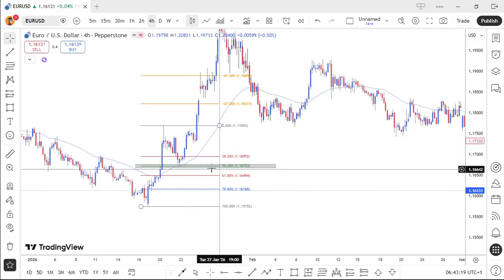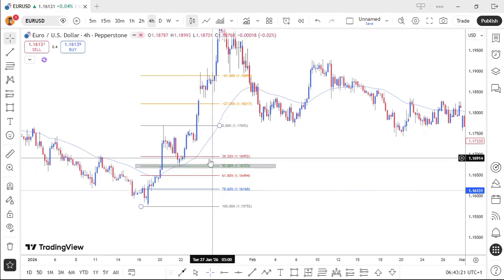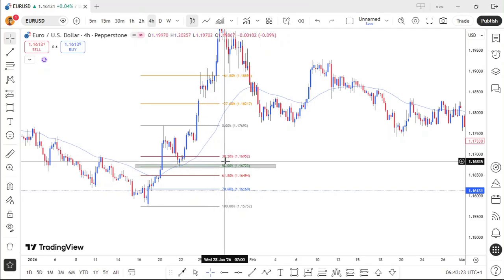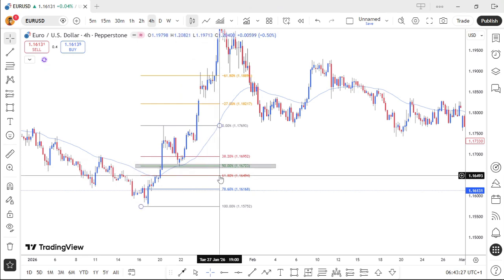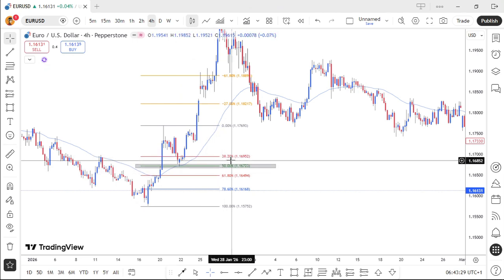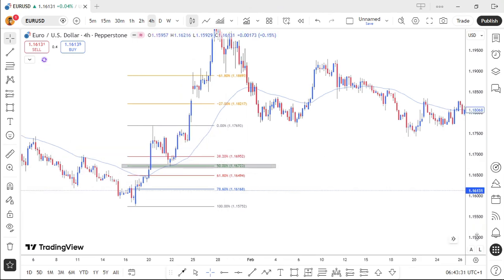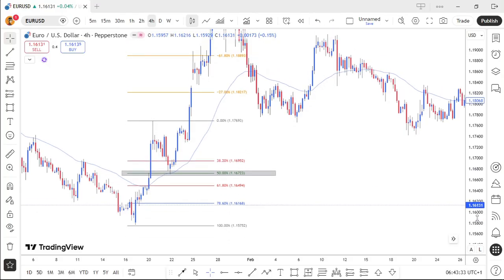So you can see, when you draw your Fibonacci, always look out for this rejection candle on those levels, either the 38.2, or the 50, or the 61.8. Always look out for rejection candles on those levels.